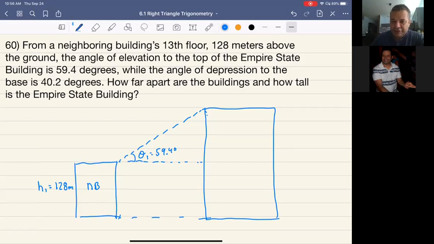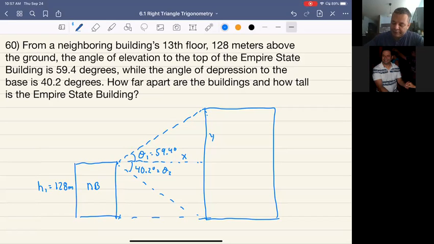Okay, angle of elevation to the bottom, or angle of depression to the bottom, that's going to be 40.2 degrees. Let's call that theta 2. Okay, let's call this little thing y. And let's call this distance between them x.